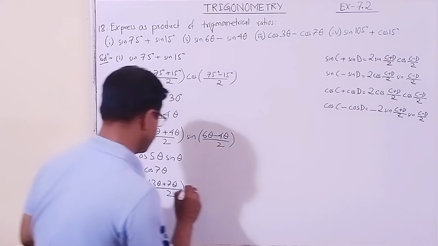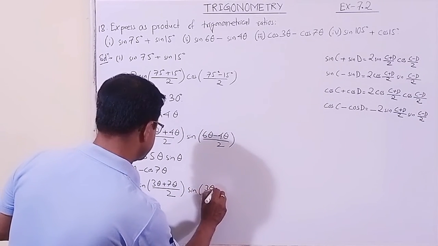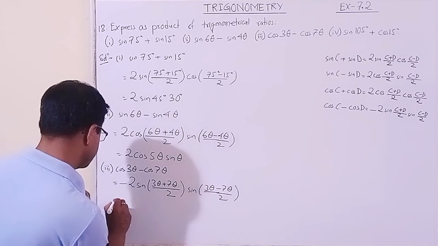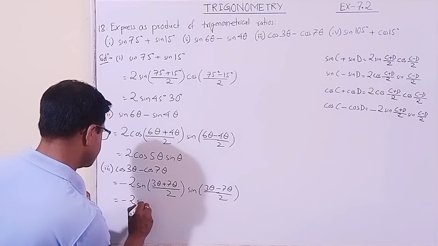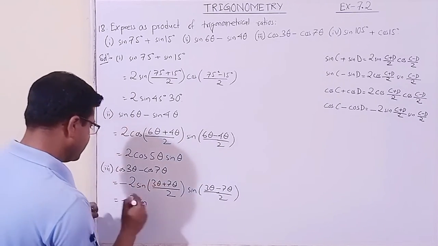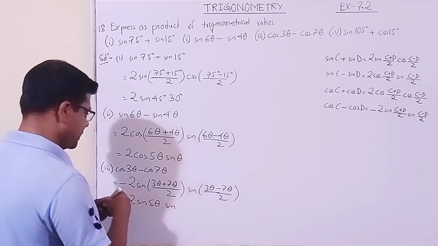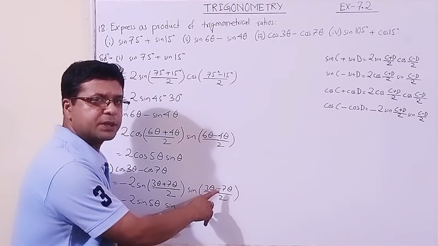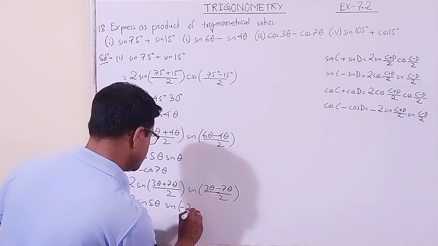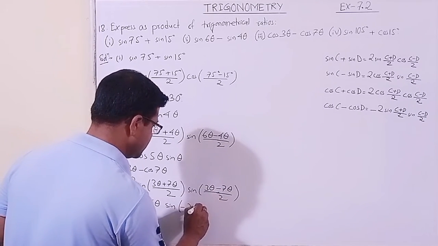Now the subtraction, sin of (C minus D), (3 theta minus 7 theta) by 2. So this is minus 2 sin. Now 3 plus 7 is 10, 10 by 2 is 5, 5 theta. Now 3 minus 7 is minus 4, minus 4 by 2 is minus 2, so 2 theta.